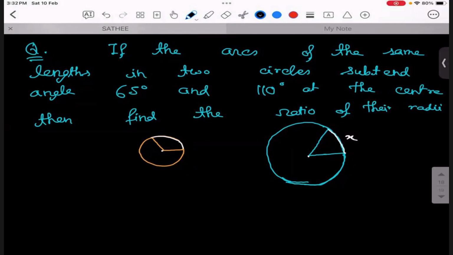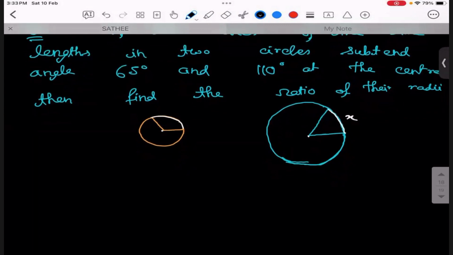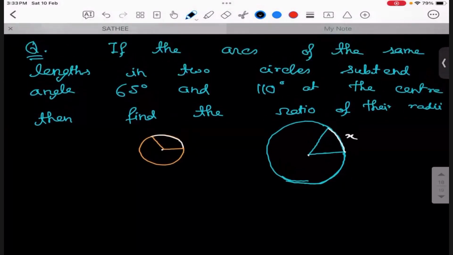Whenever the circle has a small radius, it has a small perimeter. So if someone walks 10 steps, the distance covered in the small circle will be greater, and in the large circle it will be smaller. So that's why the figures will be like this.